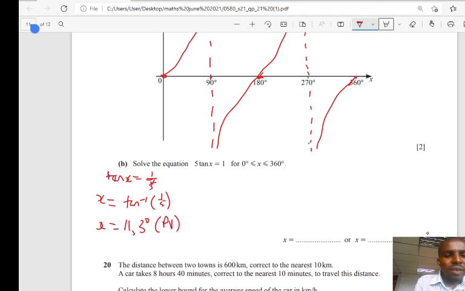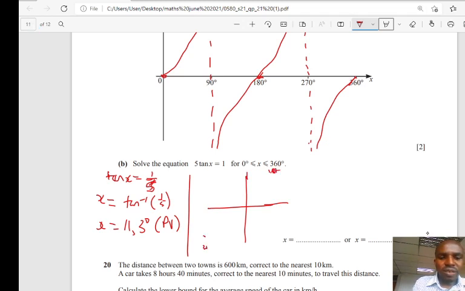Then you come up here. You can see that tan x is 1 over 5. Tan x is positive. So based on the quadrant rule, if I can draw my quadrant here, tan x is positive in the first and the third quadrant. I'm sure you know that concept, right? Then you have to draw your line here and your line here.